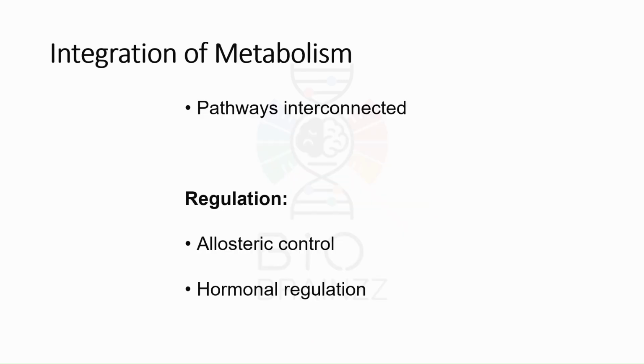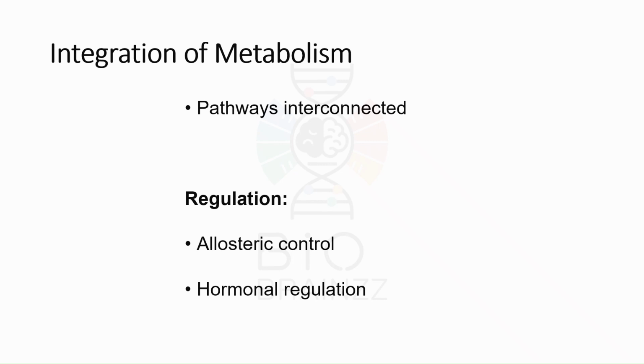Integration of metabolism. Now, let us understand how different metabolic pathways are interconnected in the body. Carbohydrate, lipid, and protein metabolism do not occur separately. They are all linked to each other.